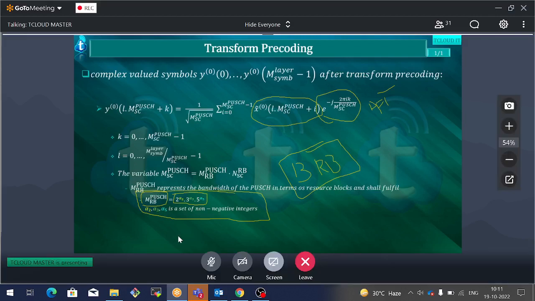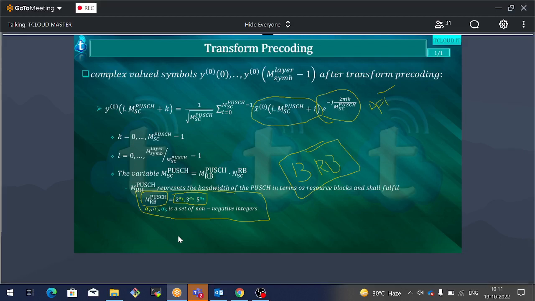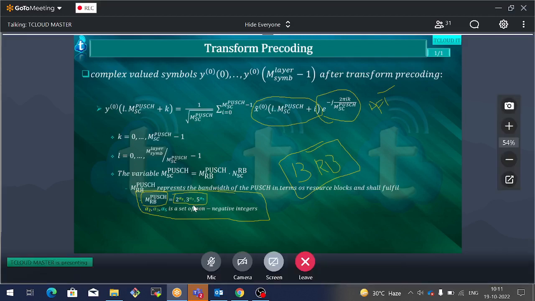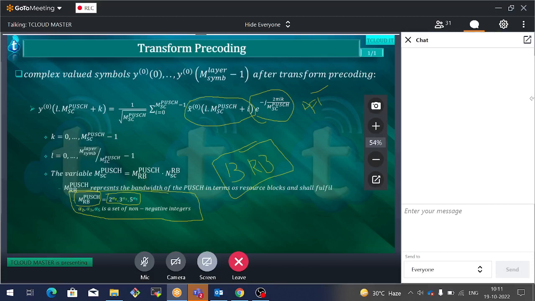I have 13 resource blocks. Now, can I have 13 resource blocks allocated or not? One answer I got is no. Another answer, no. Who feels yes? It's possible.